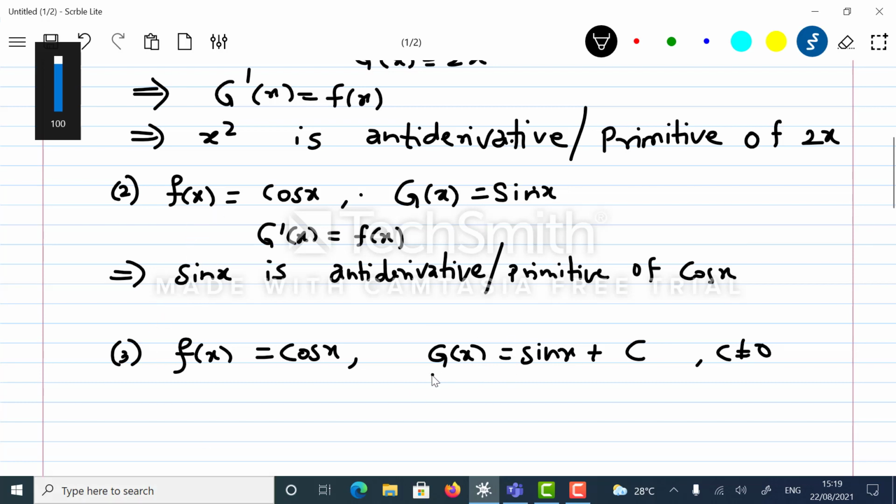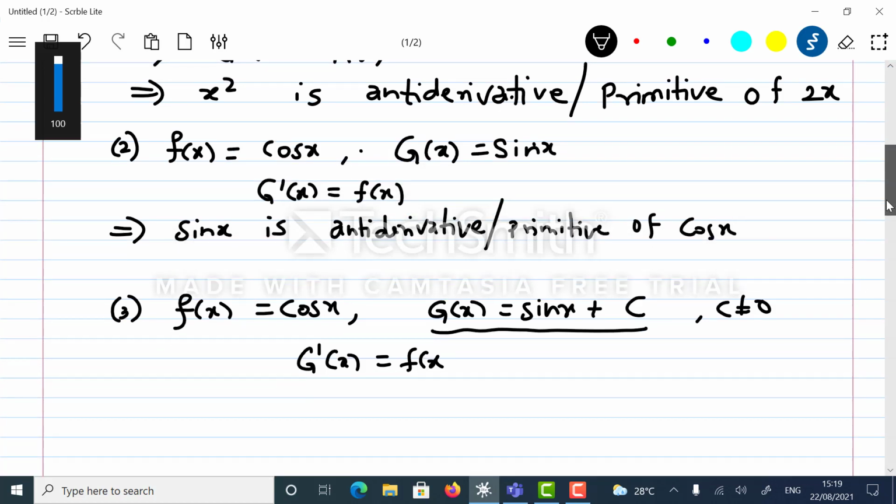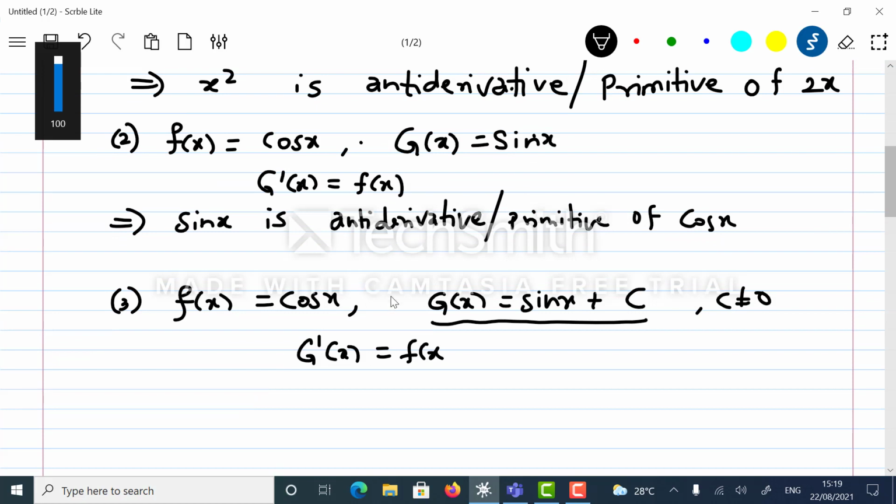The derivative of a constant is always 0, so here again g'(x) = f(x). So sin x + c is also a primitive of cos x, and similarly sin x is also a primitive of cos x. So we got two primitives for cos x: sin x + c and sin x.